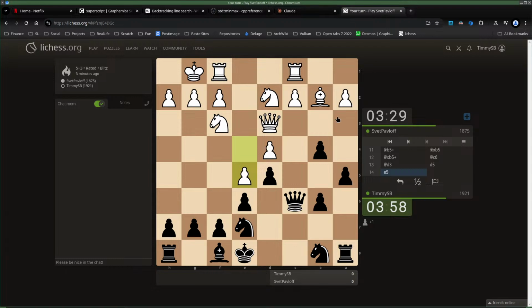Oh, what a beautiful bishop over here. Really beautiful. Okay, so now white's plan is to play this pawn and then exchange it here and then open the rook. So I have to continue developing here. If I could put a knight here, I would do that, but no. It's not gonna happen, is it?